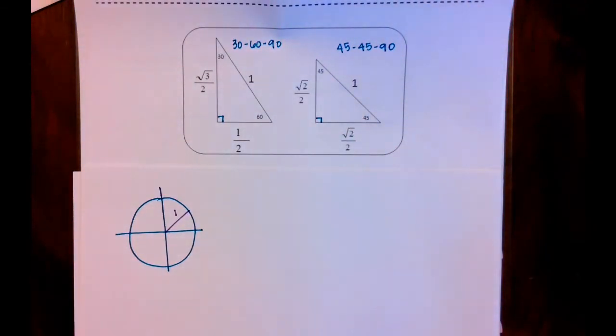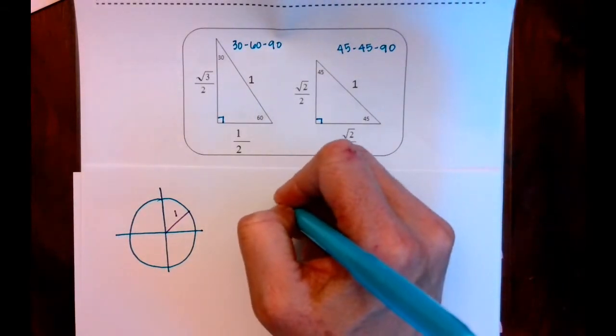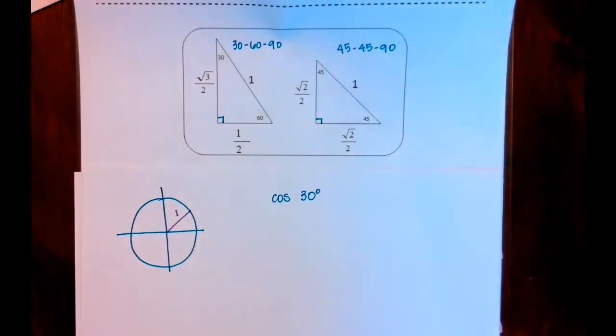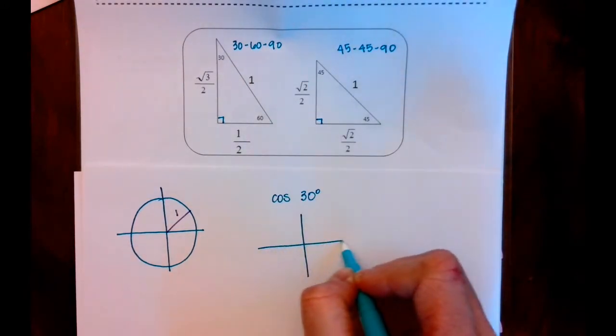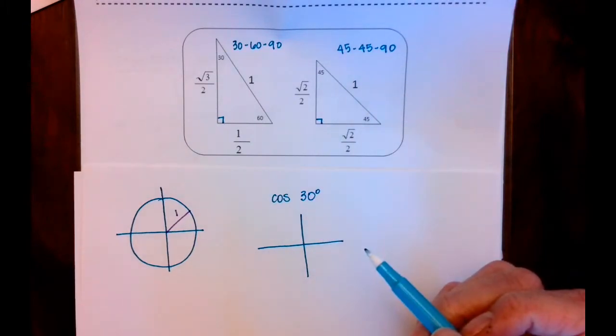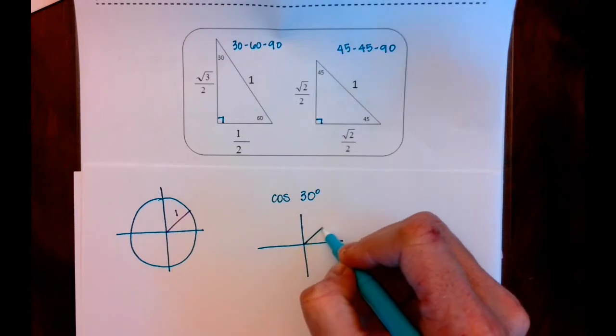So we're going to be given things like, let's do one just in the first quadrant right now. Cosine of 30 degrees. If you look back up at those steps that I gave you, we're going to start with the XY axis, and we're going to graph 30 degrees like you did in the previous week. So 30 degrees would be about right here.